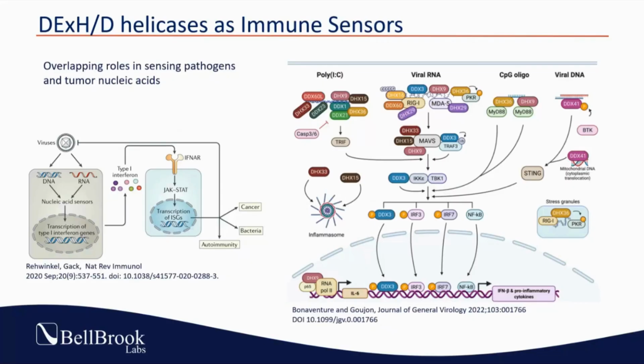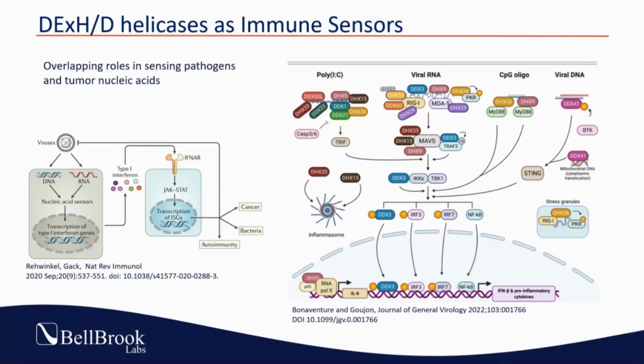They also have overlapping roles here as immune sensors, for nucleic acids, mostly RNA, but DNA as well, for many viruses and bacteria. The big picture of that is shown on the left, where you have viral nucleic acids entering the cell and interacting with a sensor like a DDX protein, then binding to other proteins, activating transcription, getting a type 1 interferon response.